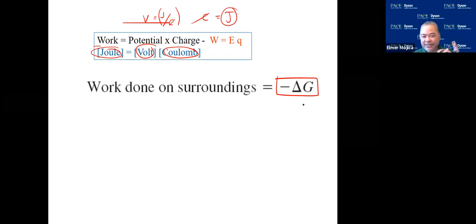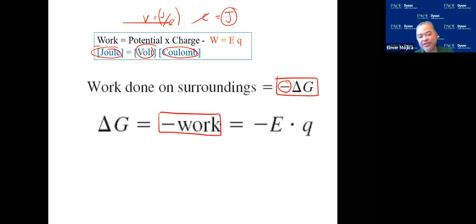So if you look at delta G at constant temperature and pressure for a reversible reaction, that is equal usually to the maximum electrical work that can be done by the reaction. So work done on the surrounding is negative delta G. Now, if you look at its definition, it's just the negative of your work.